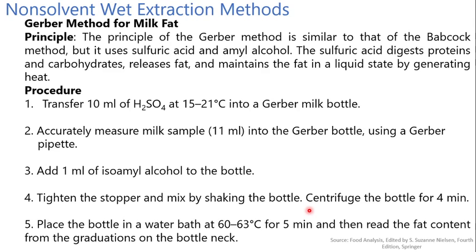Then add 1 ml of isoamyl alcohol to the bottle. Then tighten the stopper, mix by shaking the bottle, and centrifuge the bottle for 4 minutes. After that, place the bottle in a water bath at 60 to 63 degrees Celsius for 5 minutes, and then read the fat content from the graduation of the bottle neck.